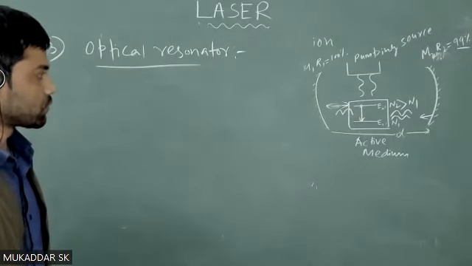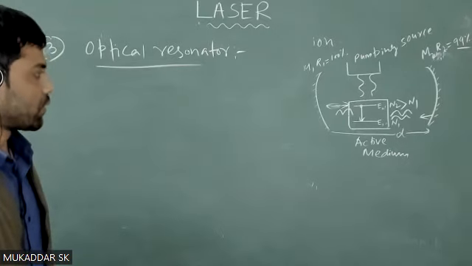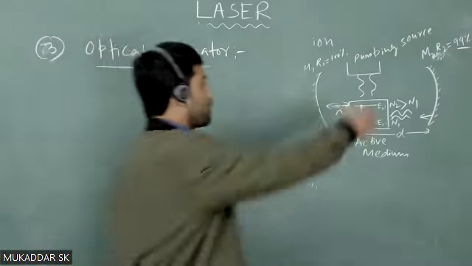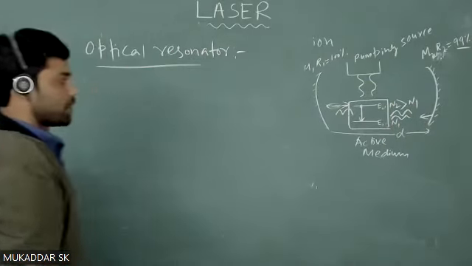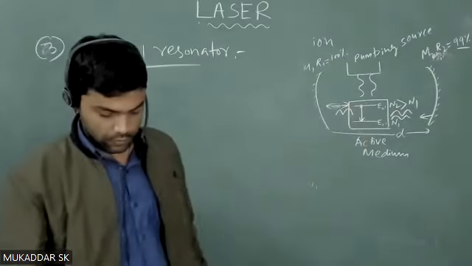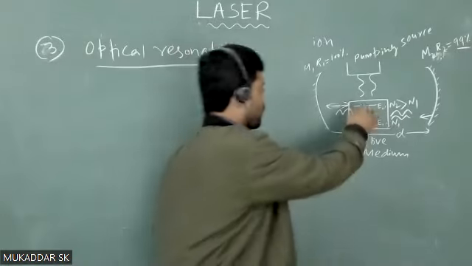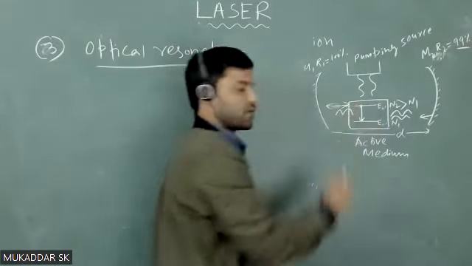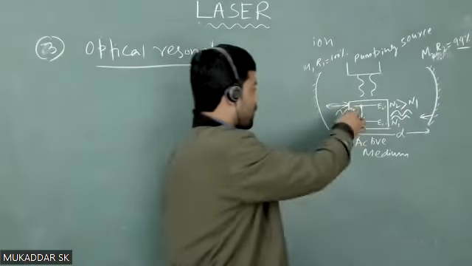Yes, I'm telling. First of all, you are using the pumping source to achieve population inversion, so atoms will be pumped from E1 to E2. Then the first transition from E2 to E1 is by spontaneous emission. As a result, you will have emission of a photon.